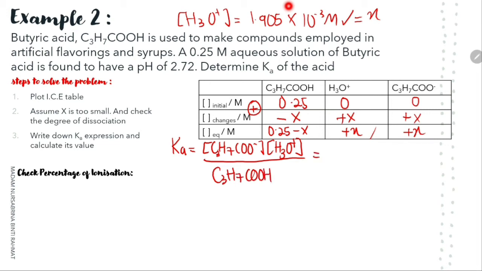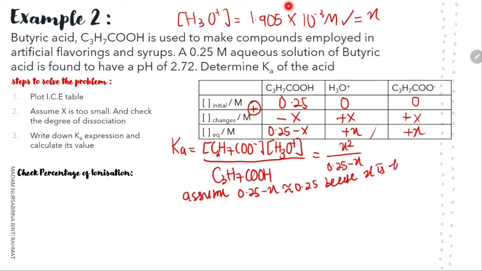Substitute the expression with the correct values in terms of X. So X squared over 0.25 minus X. We're going to assume 0.25 minus X is equivalent to 0.25 because X is too small.